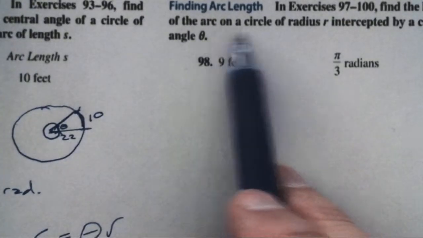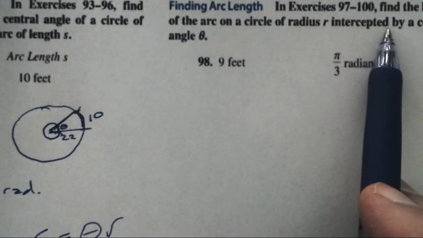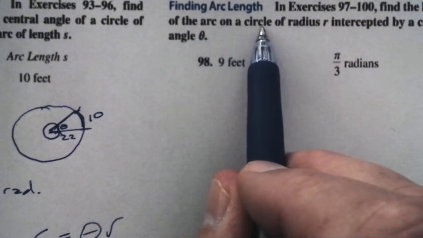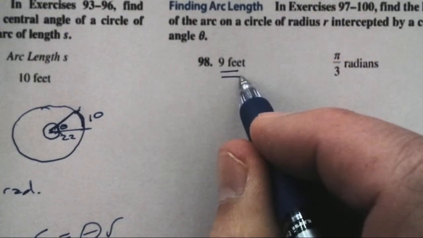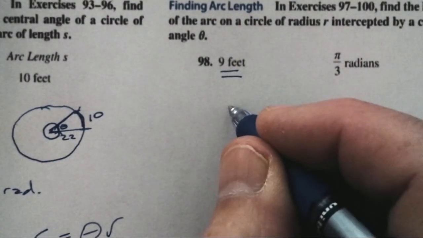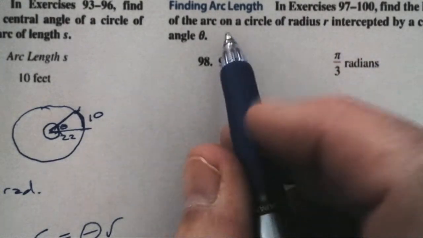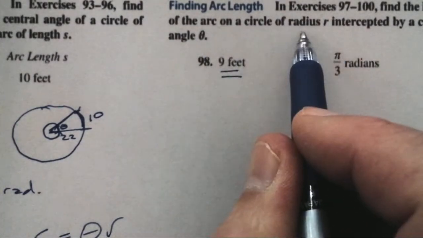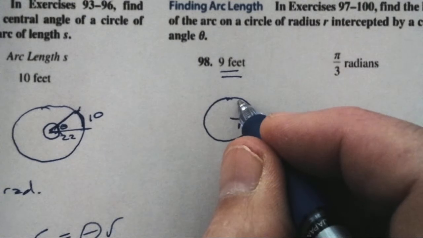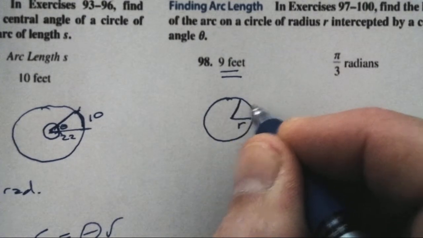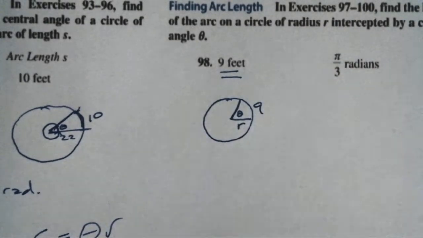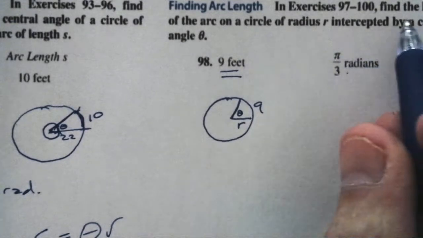Find the length of the arc on a circle of radius r, intercepted by central angle. So we have radius r, we'll say this is theta here, and this is 9, but theta is pi on 3.